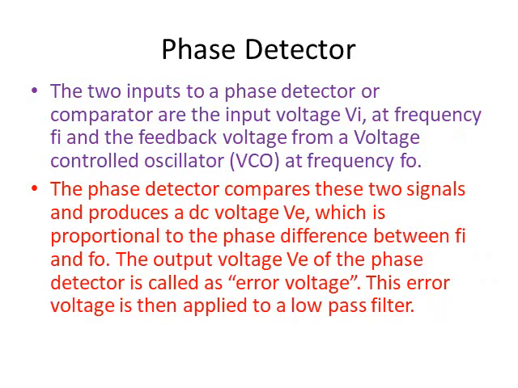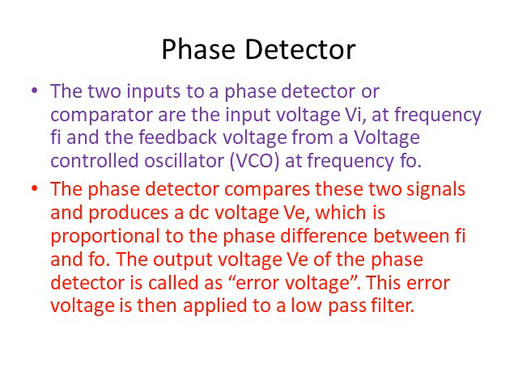Phase detector is nothing but a comparator. It compares two input signals, one from the direct input signal and the other the output signal from the voltage controlled oscillator. So it compares the input voltage VA at the frequency Fi and the feedback voltage from the voltage controlled oscillator VCO at frequency F0.